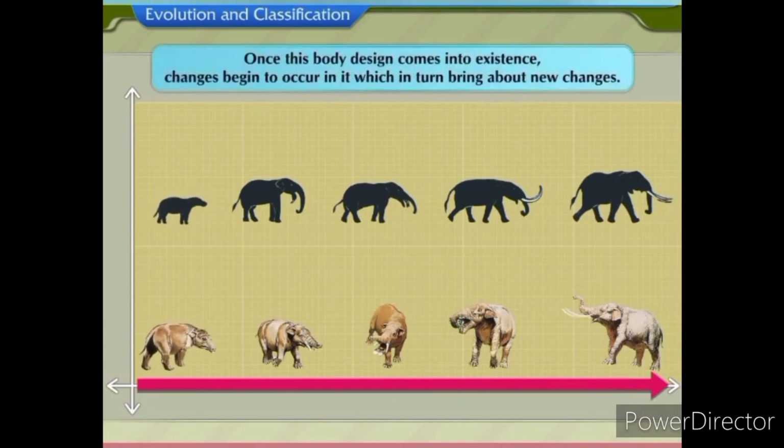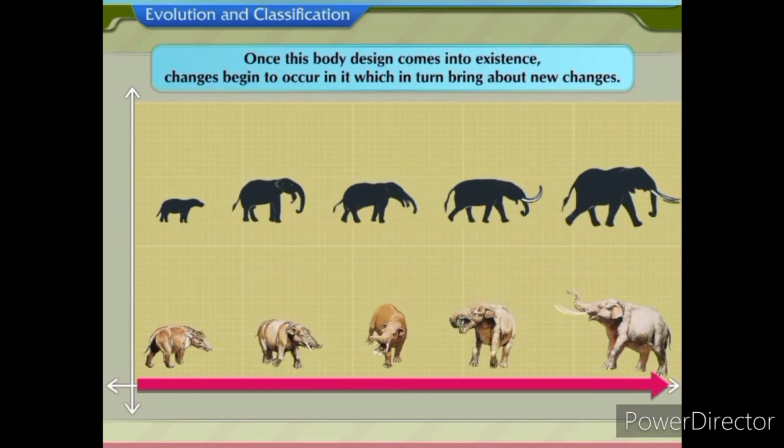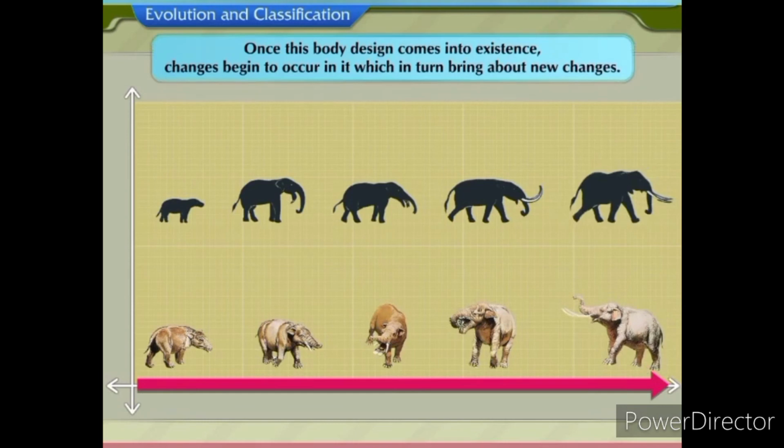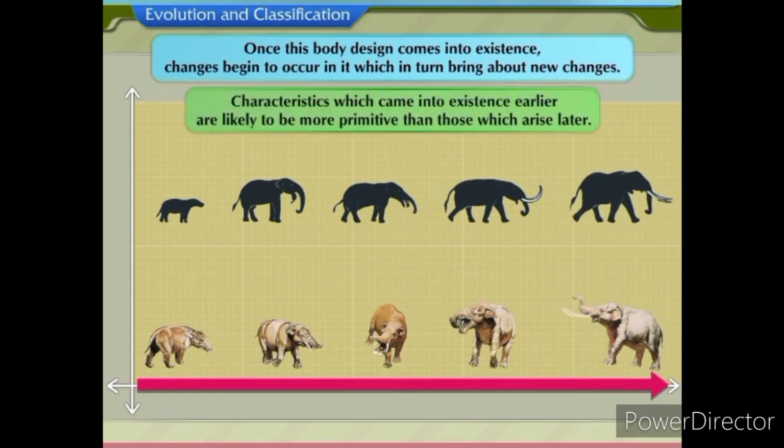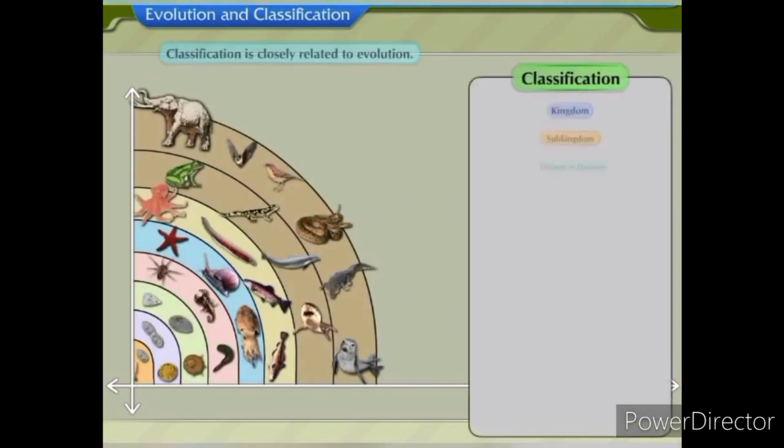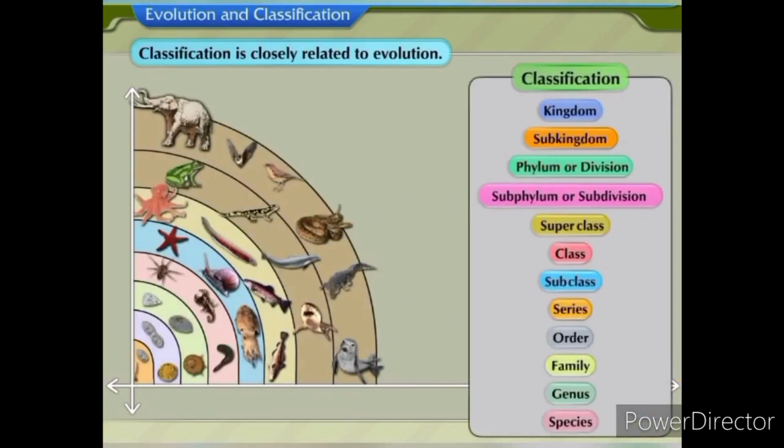Once this body design comes into existence, changes begin to occur in it, which in turn bring out new changes. This means that the characteristics which came into existence earlier are likely to be more primitive than those which arise later. In other words, classification is closely related to evolution.